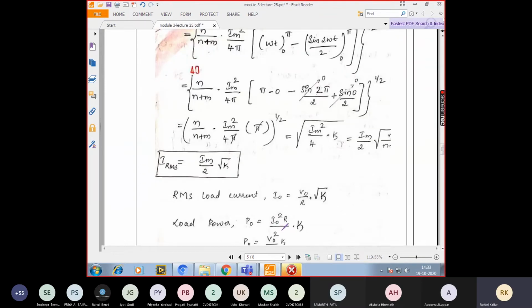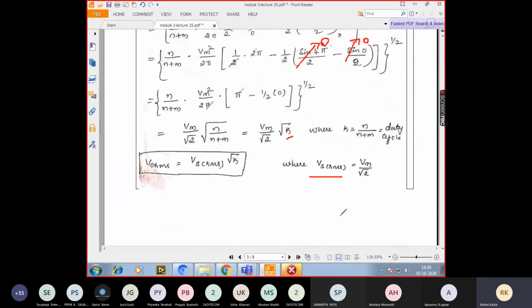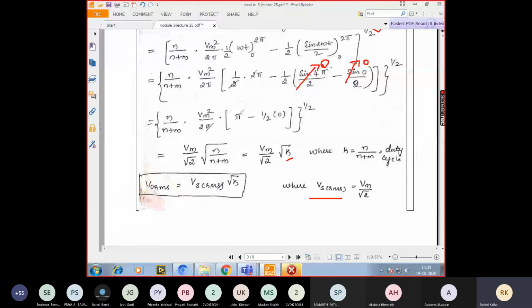Okay. So then one more calculation, that is RMS load current. If you remember, you have written it as V0 RMS here. V0 RMS is Vs RMS into root of k.